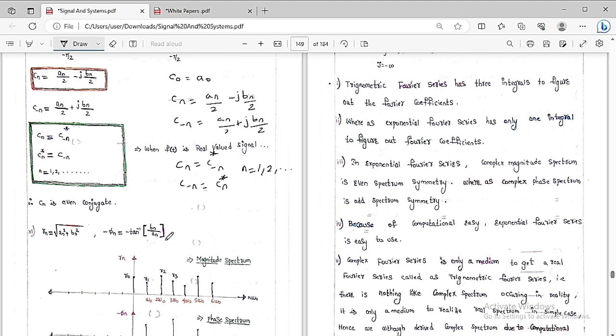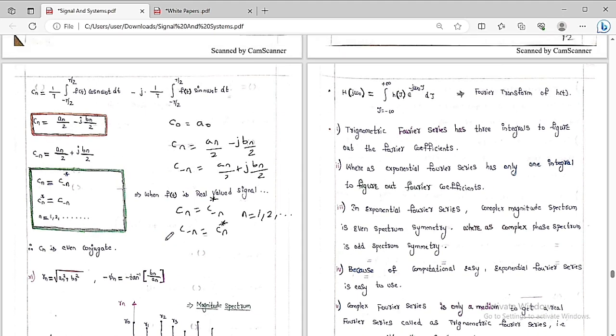Now, what are you going to get? If you simplify, we can write like this: under root of an by 2 whole square plus bn by 2 whole square, simply under root of an square plus bn square by 2, which is nothing but Rn by 2. Here, minus of tan inverse of bn by an is minus phi n.